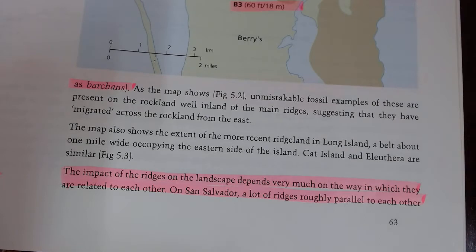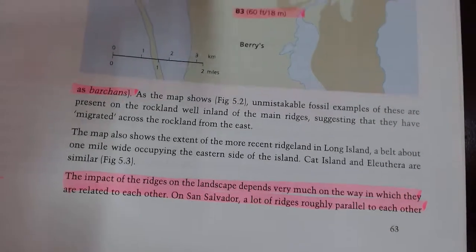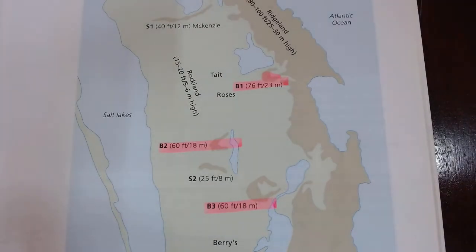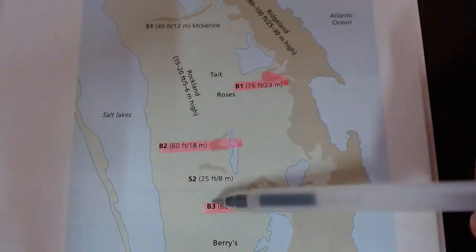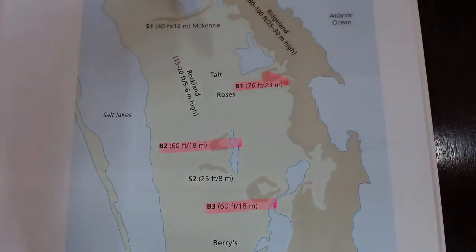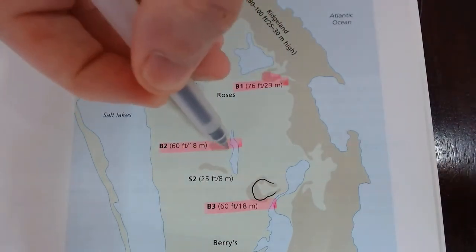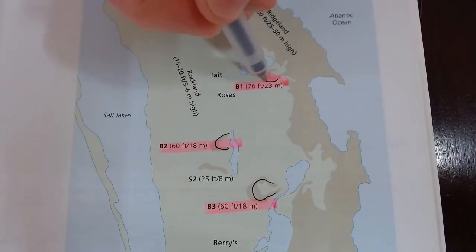So some of these sand dunes are in a crescent horseshoe shape and some are in a kind of long, straight, narrow shape. If we look at our map on page 63, the ones with a B, the B stands for the barchan, the crescent shape, so you can actually see the way it hooks around like that, or the way this one hooks around like that.